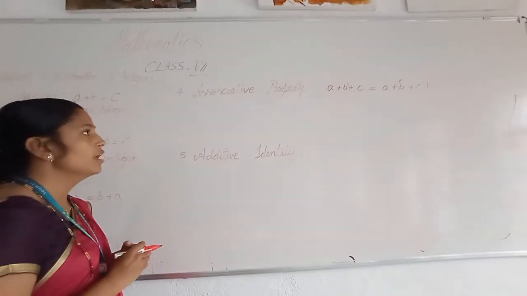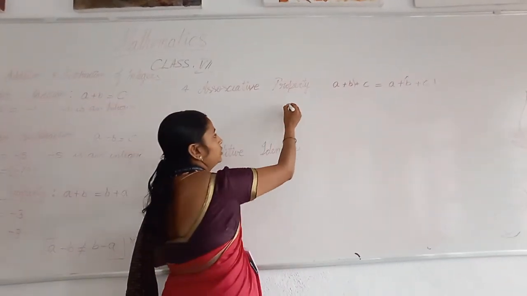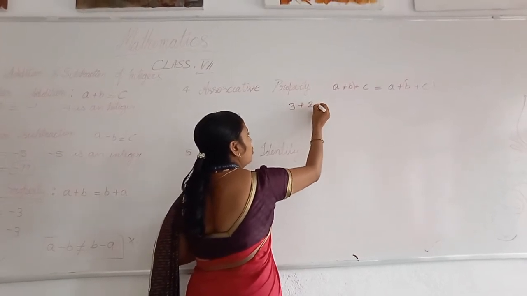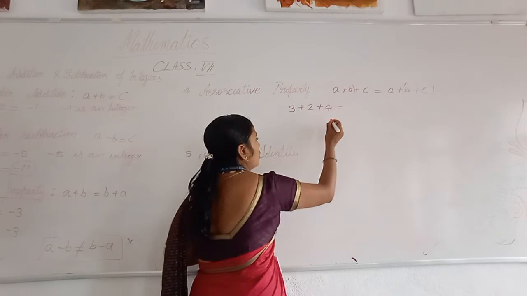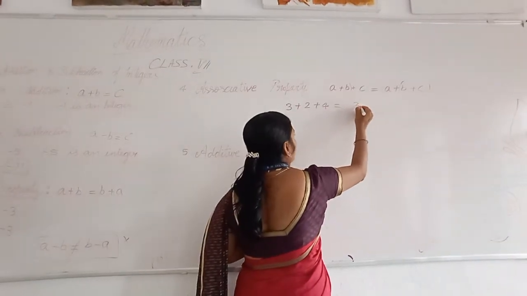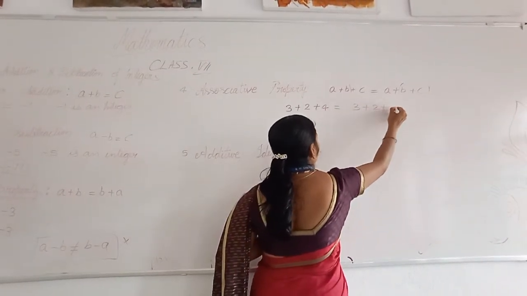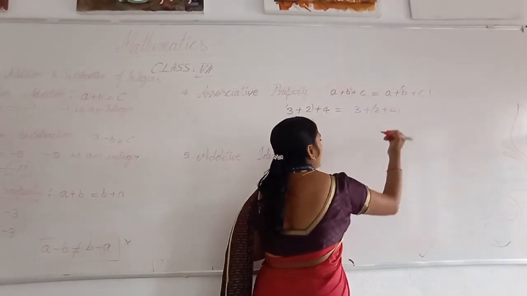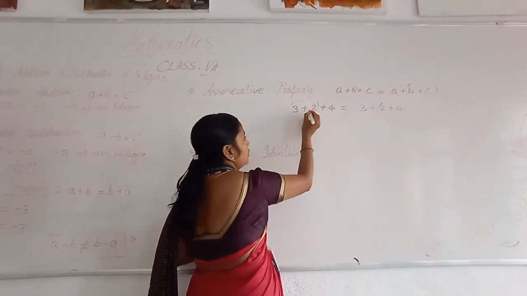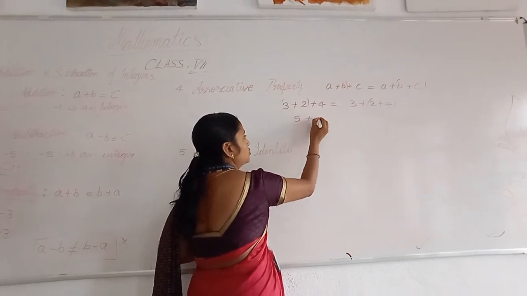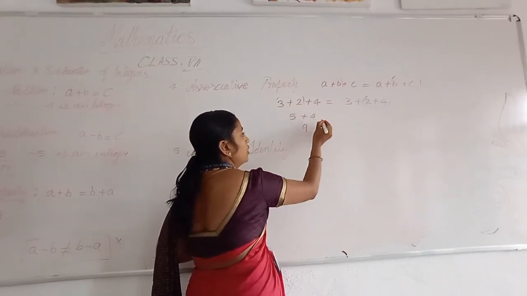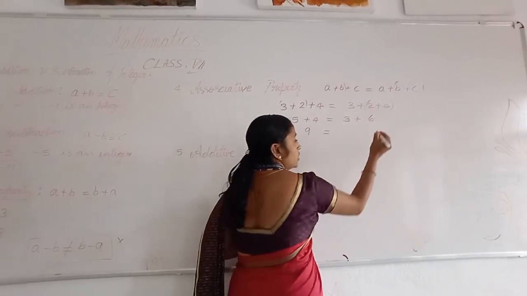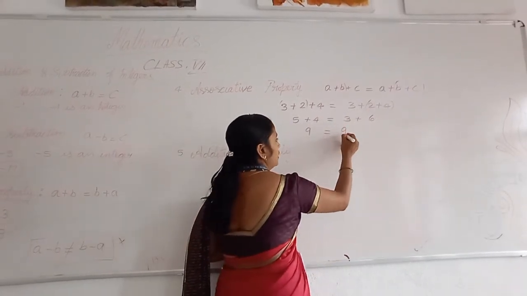For example, you can take any numbers: 3 plus 2 plus 4 is equal to 3 plus 2 plus 4. First 3 and 2 are the pair, the second time 2 and 4 are the pair. 3 plus 2 is 5, 5 plus 4 is 9. In the same way, 2 plus 4 is 6, 3 plus 6 is 9.